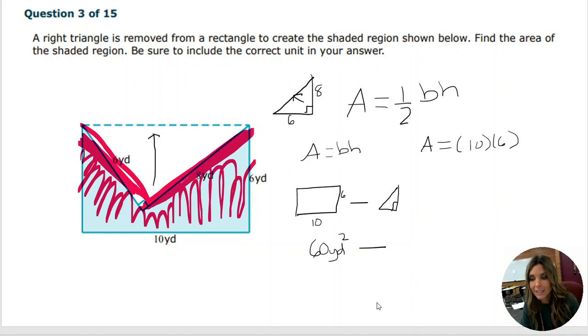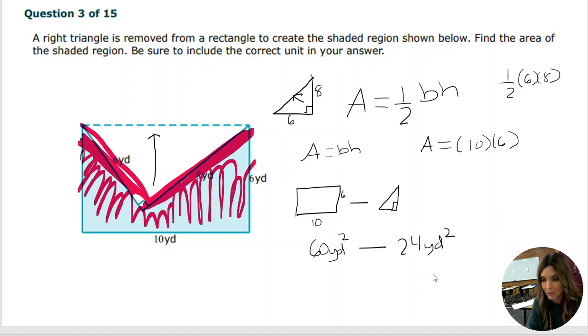Then we need to subtract out the area of our triangle. We're going to take 1/2 times our base, which is 6, times our height, which is 8. That gives us 48 times 1/2, which is 24 yards squared. When I subtract those, I get 36 yards squared. That gives me the shaded area.